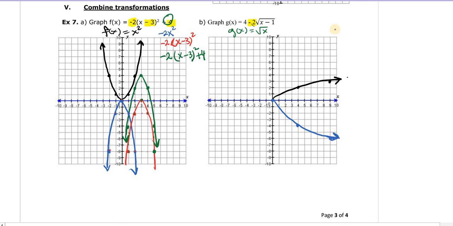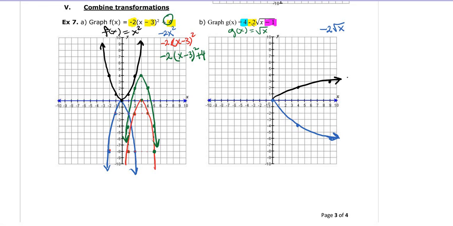Basically, what we did here, we multiplied with -2 square root of x, which is just a reflection across the x-axis, and stretching vertically. Now, there is another movement that happened, which is we moved the graph up 4 units, and also moved the graph to the right 1 unit.